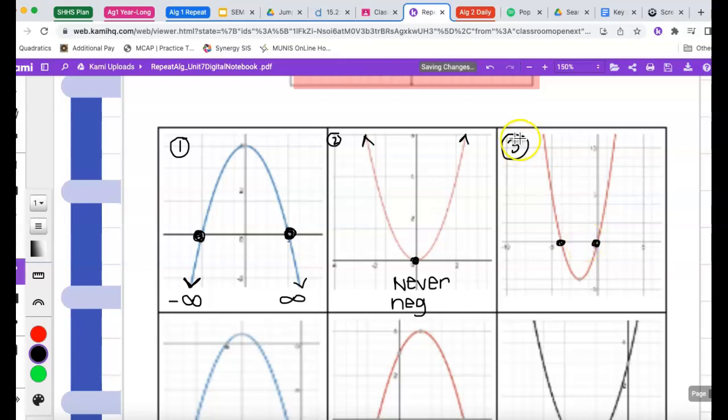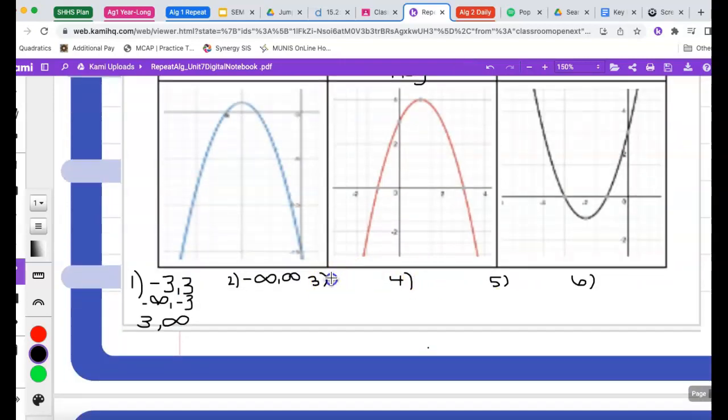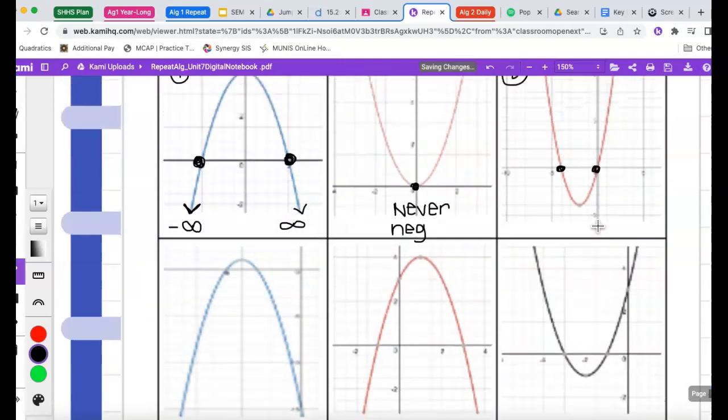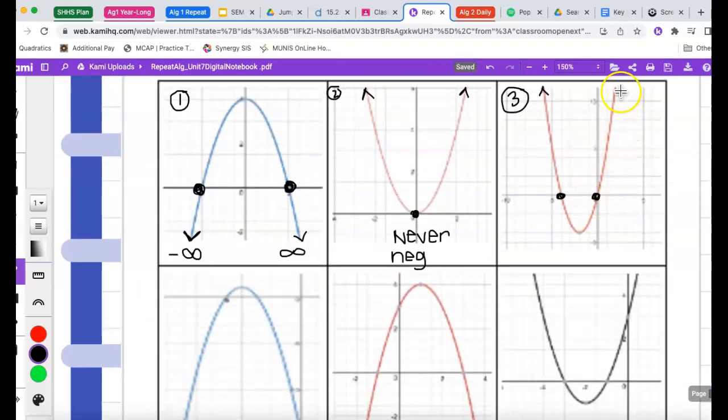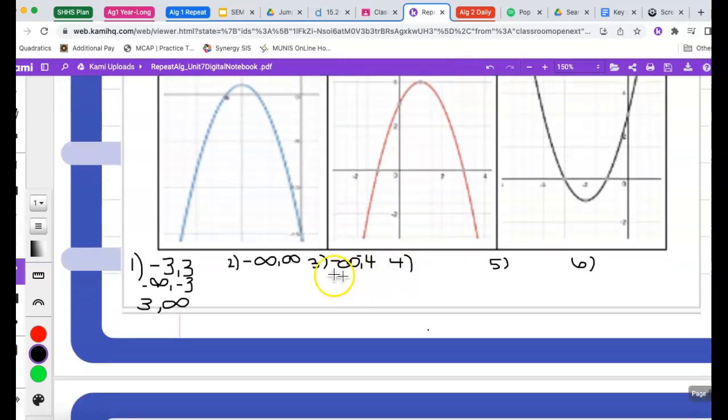We're going to start with positive. It's positive from the left arrow all the way down to this point right here. If we trace it, it's still positive until we get to -4. So from negative infinity to -4 is where it's positive first. And then the second portion is from 0 to the right arrow, so from 0 to positive infinity.